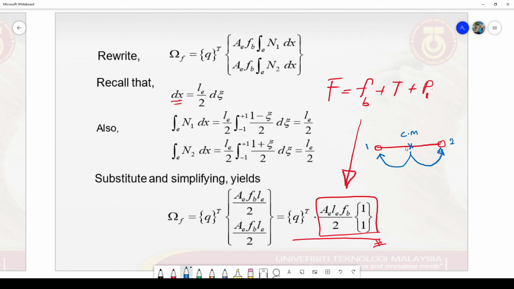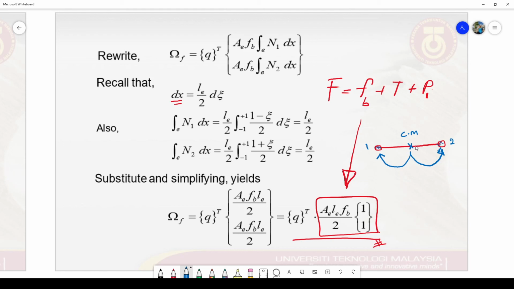That means the body force, which is initially acting at the center of mass, will be transferred to the nodes equivalently. That is why for the 1D problem we have 2 nodes for one element.